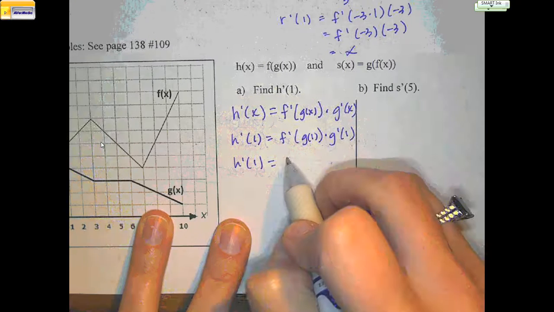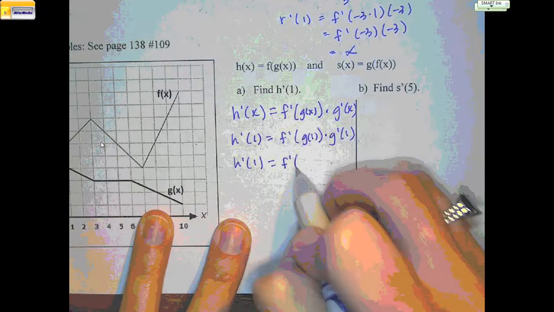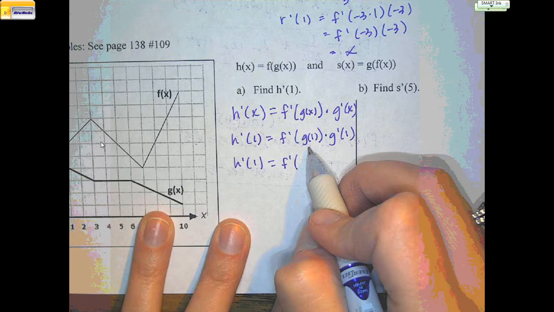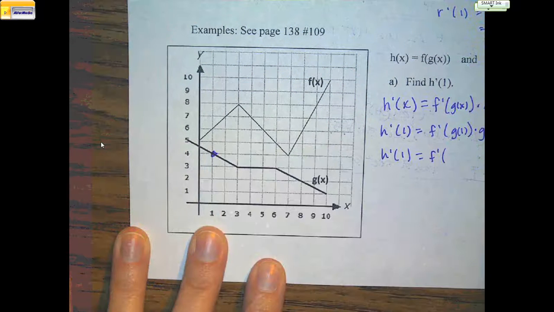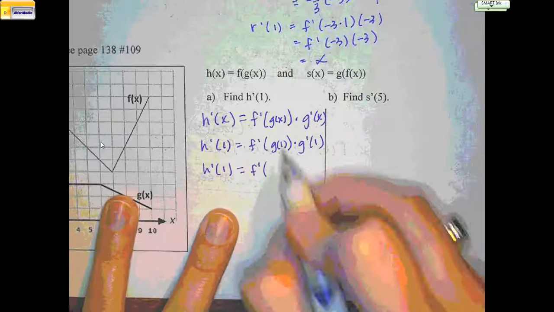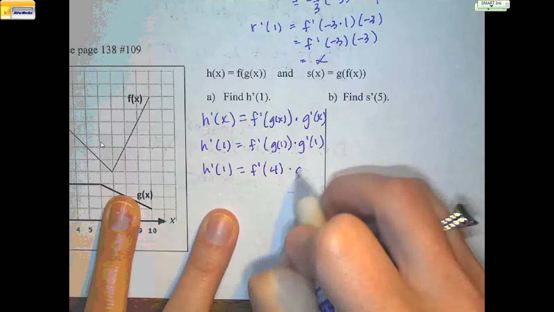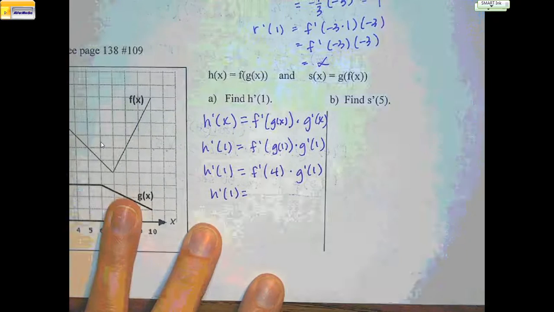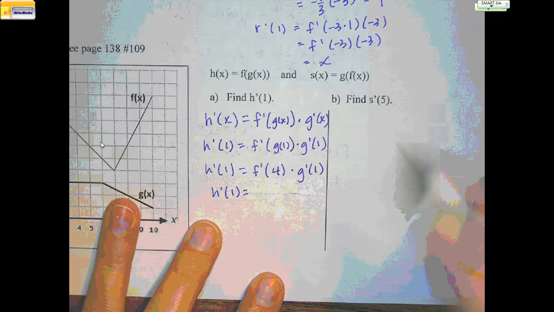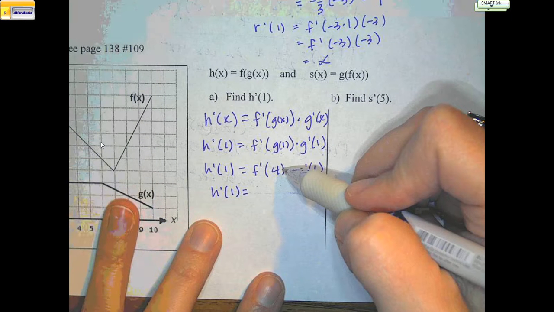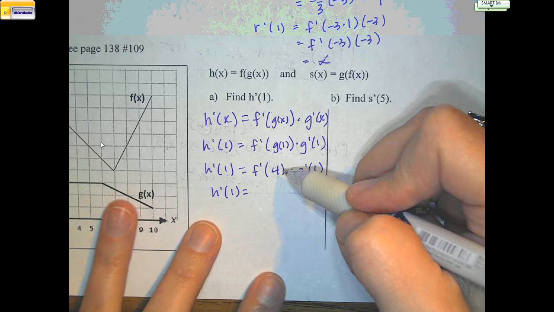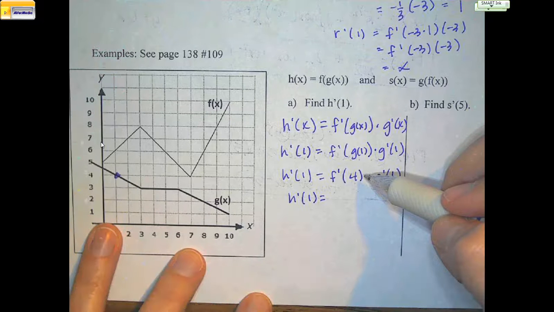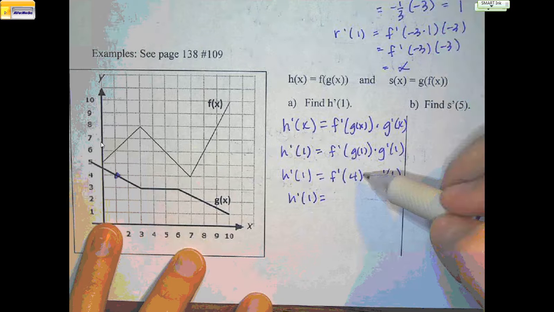So I've got the derivative of f at g at 1. You look at the graph. Here's g. At 1, we're at the y value of 4. So I'm going to replace this piece with the 4. Then it says the derivative of f at 4. How in the world am I going to get that from the picture? Derivative is a fancy word for slope.